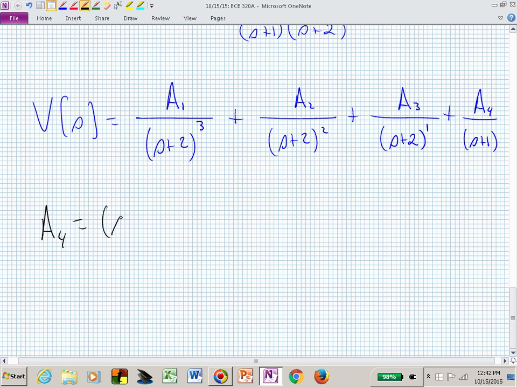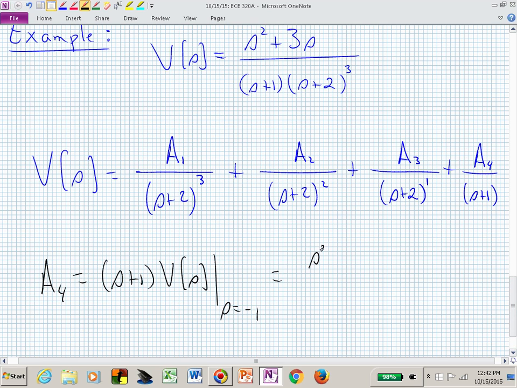A4 is just going to be s plus 1 times V of s, evaluated at s equal to minus 1, which is now s squared plus 3s over s plus 2 cubed, evaluated at s equal to minus 1. I'll let you do the math. That ends up being minus 2.